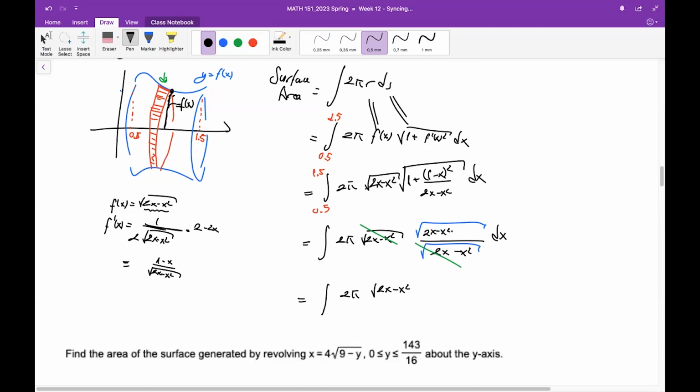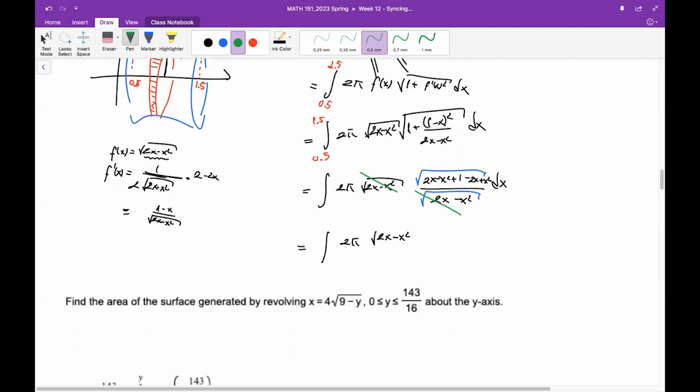So let me write that down as 1 minus 2x plus x squared. Yeah. And see, we have other more simplifications here. This is gone with that. These are simplified. So what I obtain is just 1 coming from here. So these two are also simplified. So we have just 1, nothing but 1. So it is just 2 pi dx from 0.5 to 1.5.